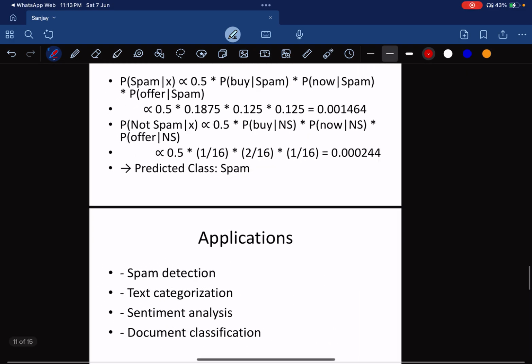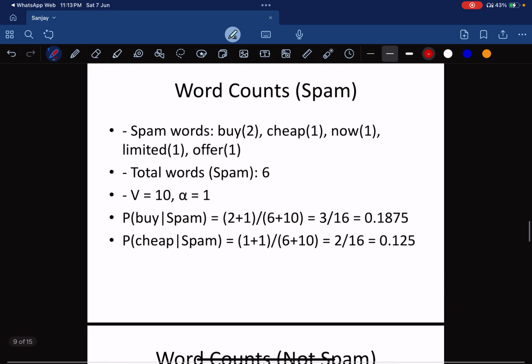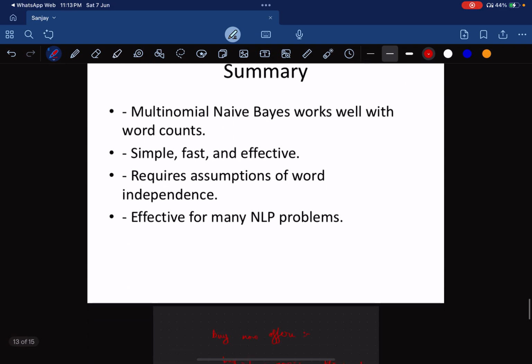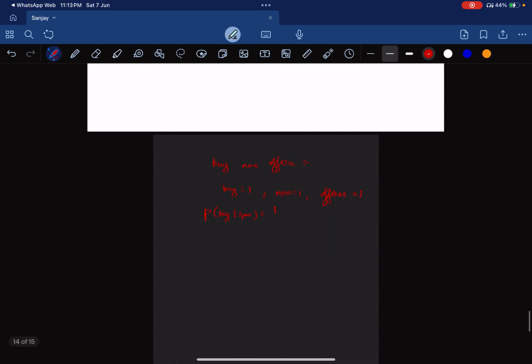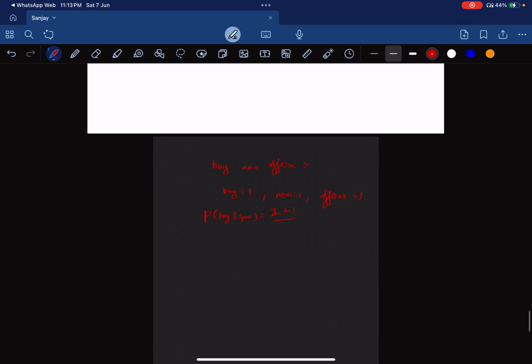You know that the number of times "buy" occurs in class 1 is 2, so the answer will be 2 plus 1, this one is alpha, divided by the total number of words in the class, 6, plus our vocabulary, 10. This will be 3 by 16. We simplify the fractions later.